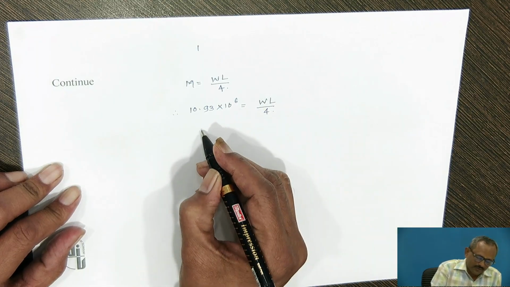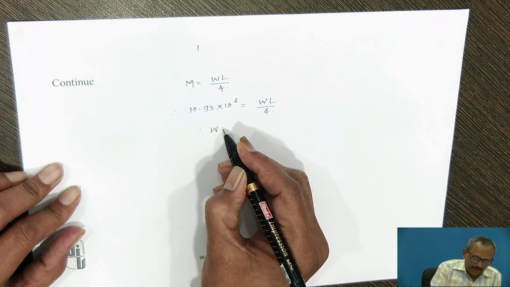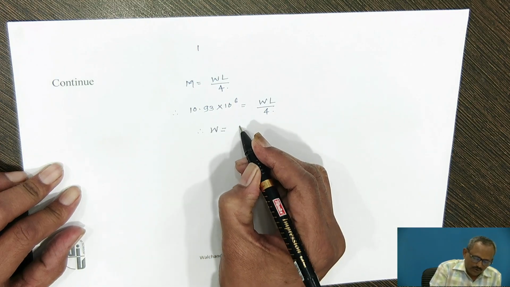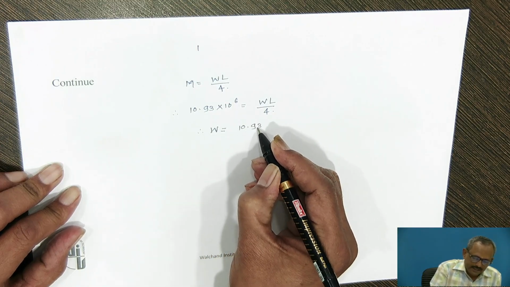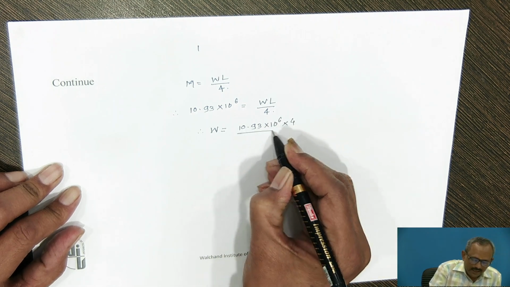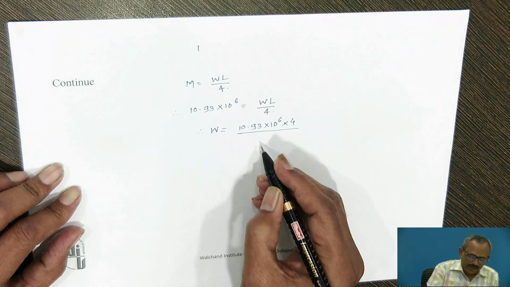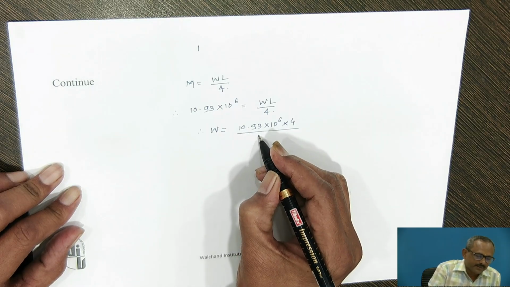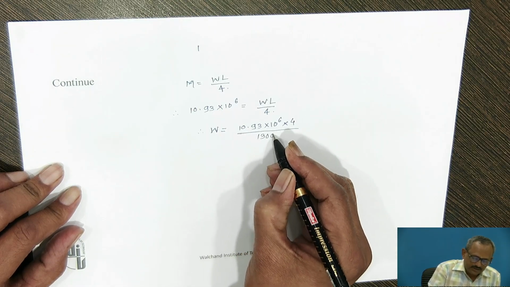From this we can calculate the point load W: 10.93 into 10 raised to 6 into 4 divided by the length of the beam, that is 1300.